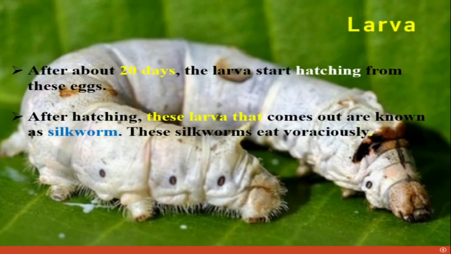Then the larva, already said that. After 20 days the larvae start hatching from the eggs. After hatching, these larvae that come out are known as silkworms. Already said that these worms eat voraciously. They eat mulberry leaves very fast because they need to increase their size.